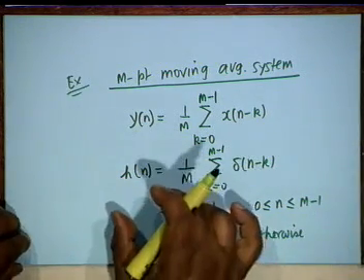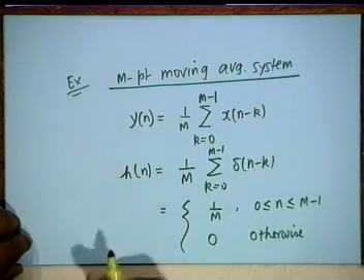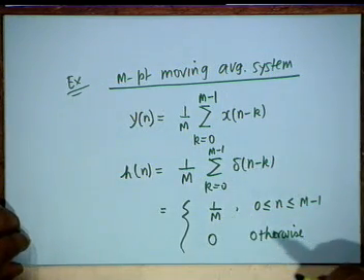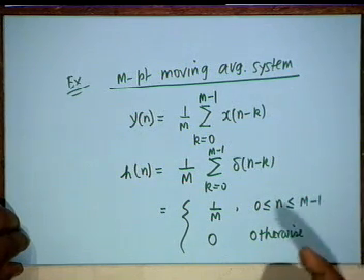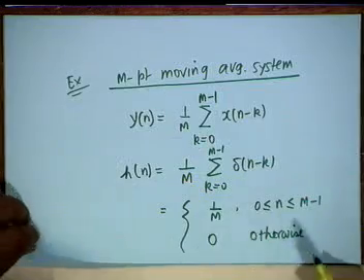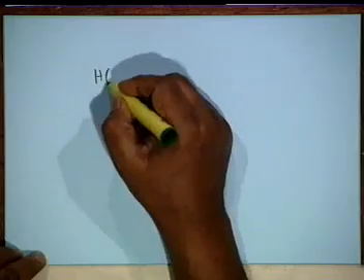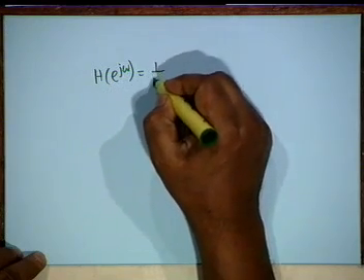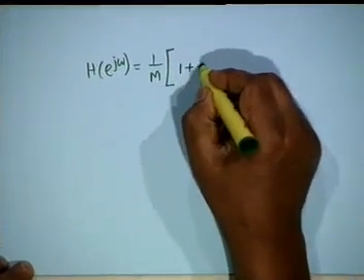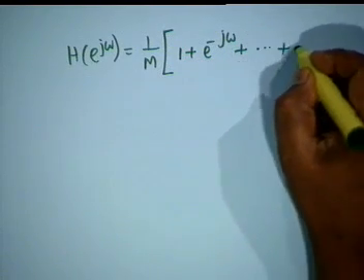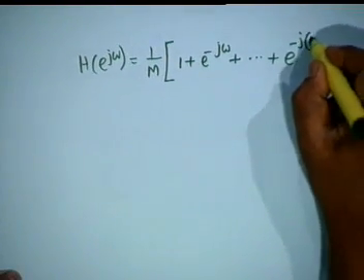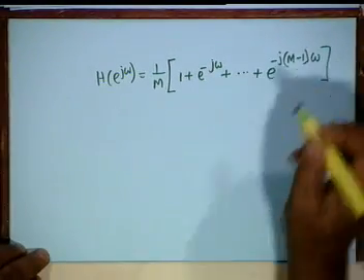For frequency response, all we have to do is to take the Fourier transform of this. So, we shall get a summation 1 plus e to the minus j omega plus e to the minus j 2 omega up to the Mth term, that is e to the minus j omega M minus 1, the whole thing divided by M. So, the frequency response capital H of e to the j omega, let me write it again, 1 by M, 1 plus e to the minus j omega plus etc. up to e to the minus j M minus 1 omega.